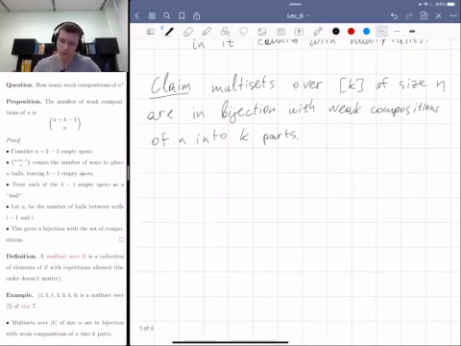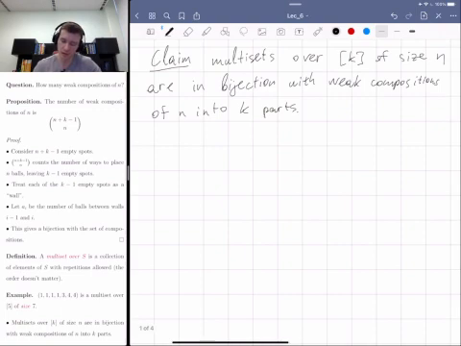How does this bijection work? What is a weak composition of n into k parts? It's a sequence A1, A2, all the way up to AK of elements which are all non-negative.